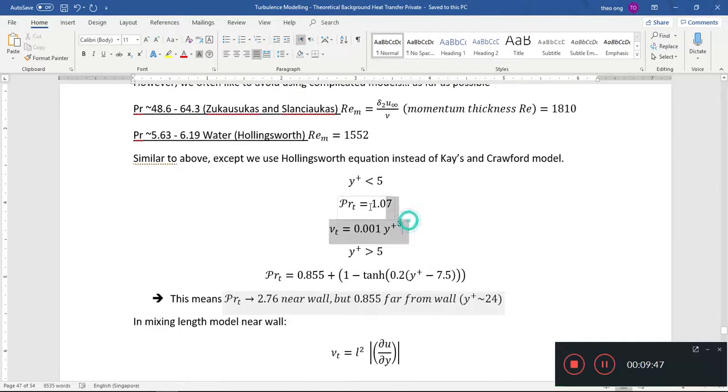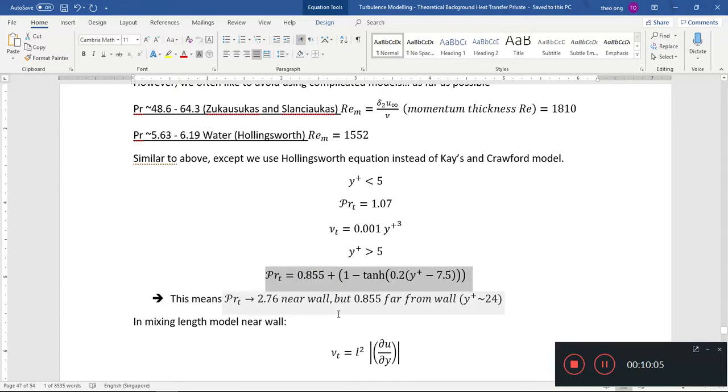Again, for y plus less than 5, it is the same idea. Turbulent Prandtl number 1.07, nu t is 0.001 y plus cubed. And the Hollingsworth correlation is then used for y plus more than 5.